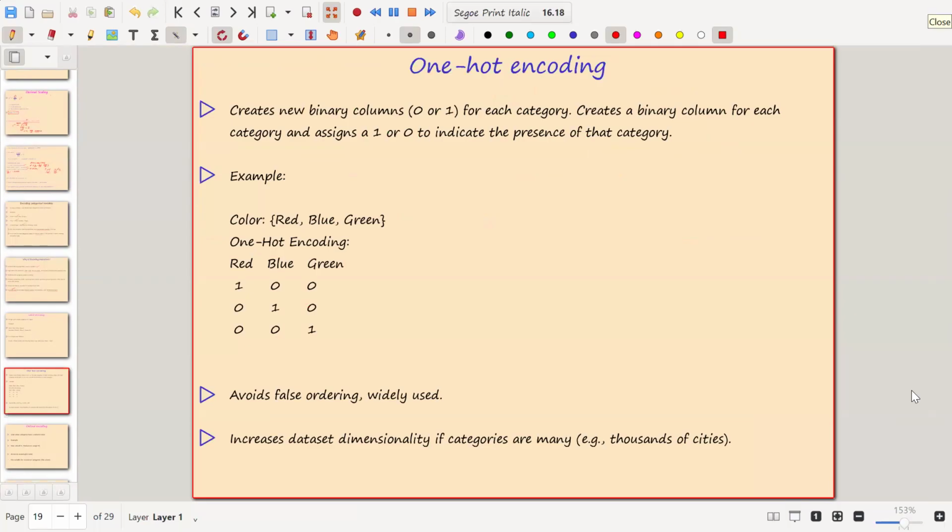Now I hope you know that universities are graded using NAAC. Different universities were being graded like A plus plus, A plus, A, B plus, something like that.